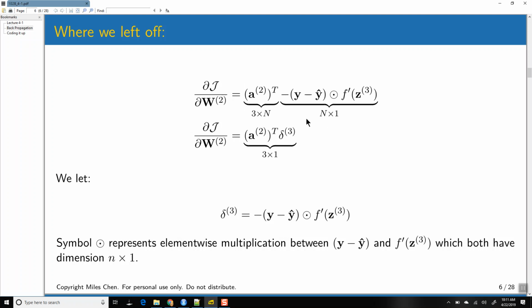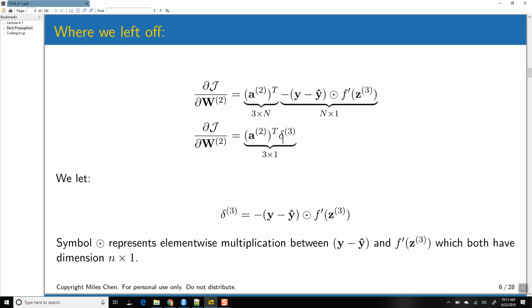This is often the hardest and most frustrating part, especially if you don't go through the work of making sure your dimensions line up. When you try to code it up in whatever language you're using, you're going to get all sorts of dimension mismatch errors, so it's a lot of work writing the dimensions underneath everything, but it helps out.